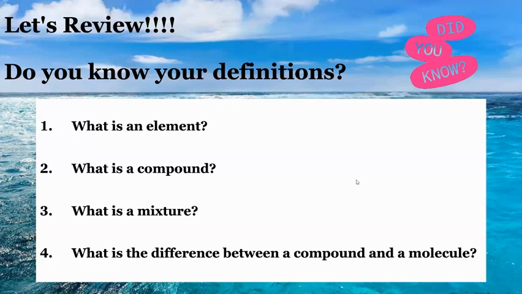A compound is the form of matter where there has to be two different types of matter. Not exactly. Anybody else have any answers?